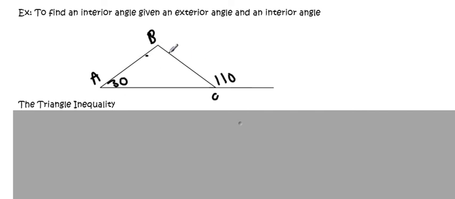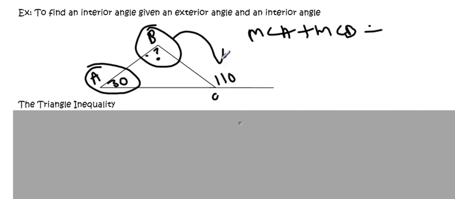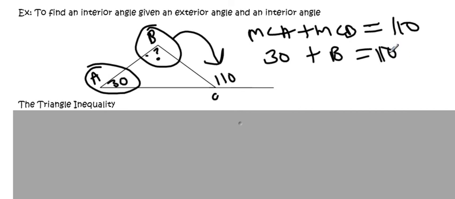So we don't have a variable designated for angle B, so we're going to look for angle B. So what we can do is use the exterior angle theorem to say the sum of the two remote interiors, so measure of angle A plus the measure of angle B equals the exterior angle, 110. And measure of angle A is 30. Measure of angle B, we'll just call it B. That equals 110.